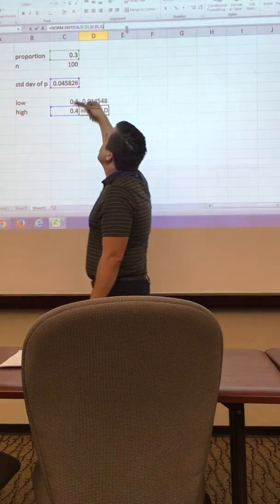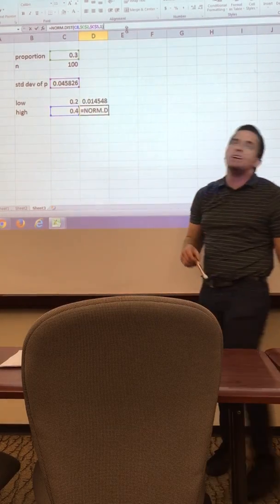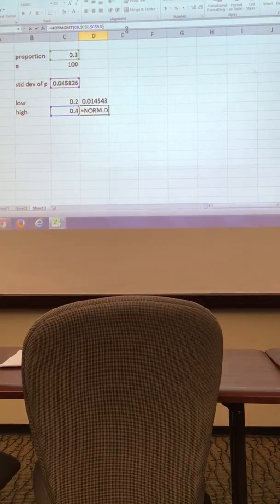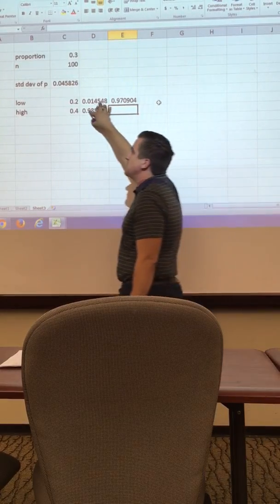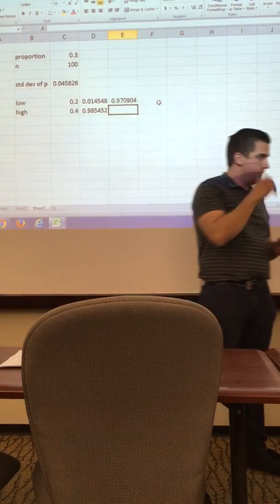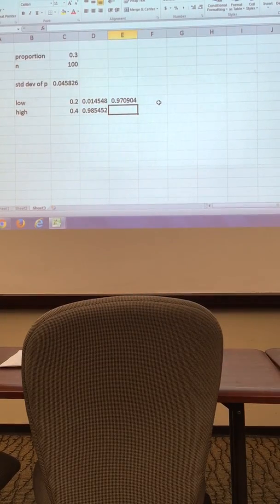Our second x is 0.4, our mean is 0.3, our standard deviation of proportion is 0.045. So what's the probability that we fall between these two? We take the difference between the two. There's a 97% chance that this sample has a proportion of first-time customers between 20 and 40%. But we kind of knew that as soon as we drew our sample distribution, because between two standard deviations above and below, we had 21 and 39.